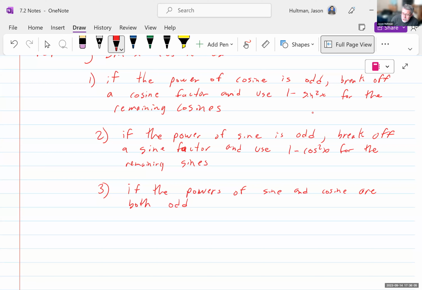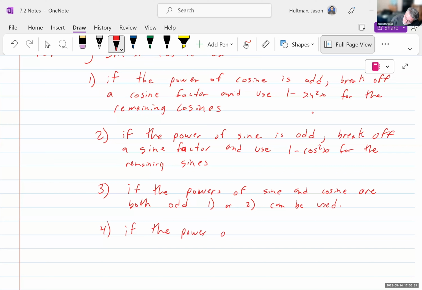You can choose to turn them into sines or into cosines. Either one or two can be used. You have a choice. And number 4, if the powers of sine and cosine are both even, this one's the hardest one.